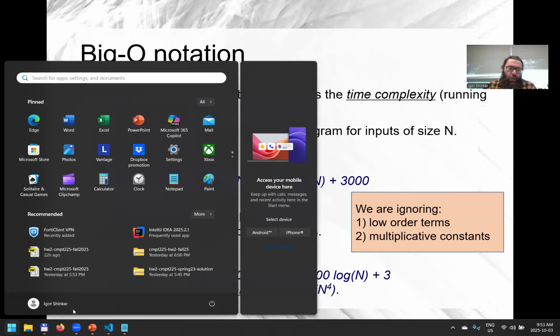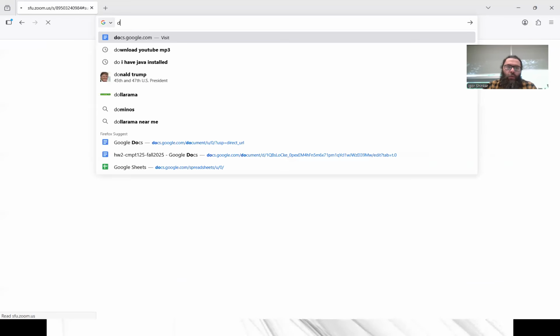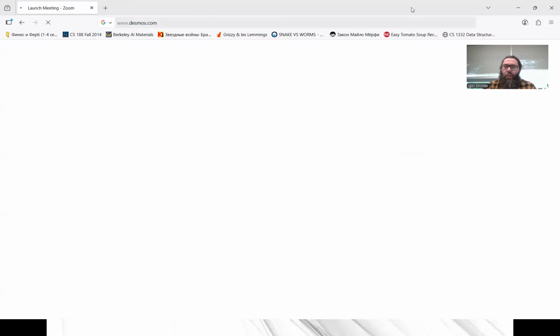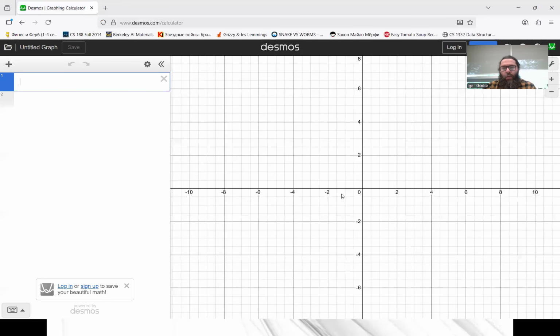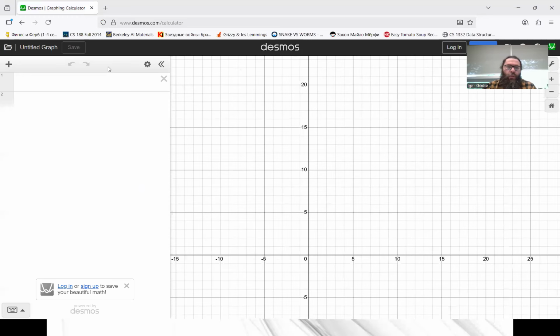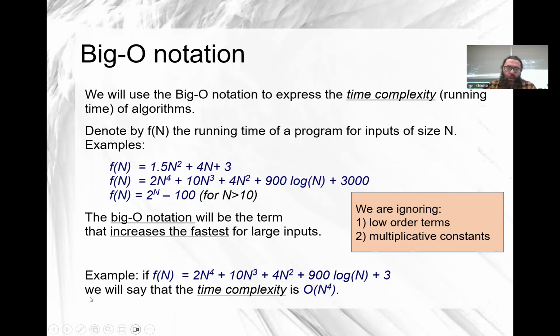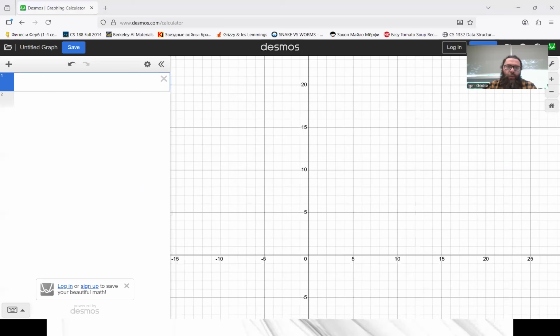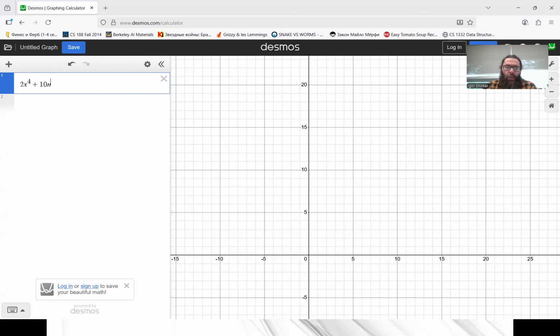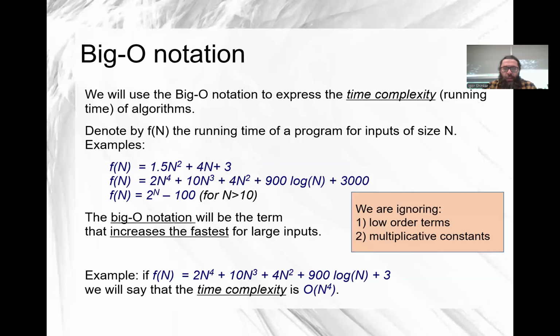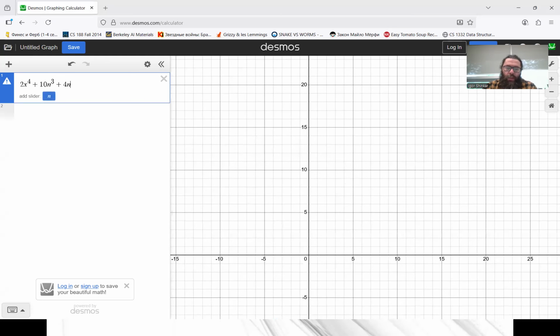Let me try to actually motivate this. I have to say that maybe these low order terms are not that important. And here is how I'm going to do that. I'm going to write this expression, 2 times x to the 4 plus 10 times n cubed plus 4 times x squared.